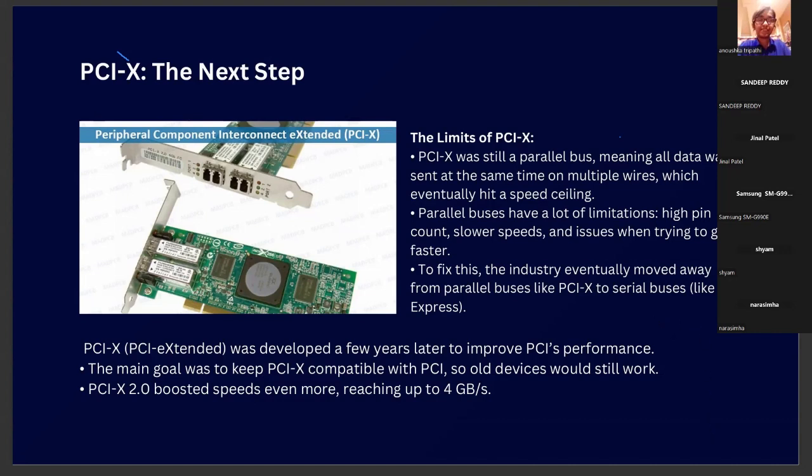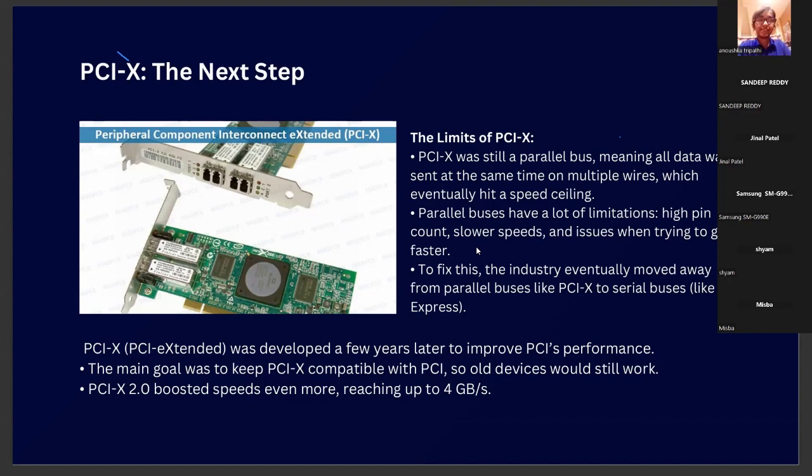So next comes PCI-X. It was introduced as an improved version of PCI. While PCI solved many problems, new demands for higher performance led to PCI-X a few years later.